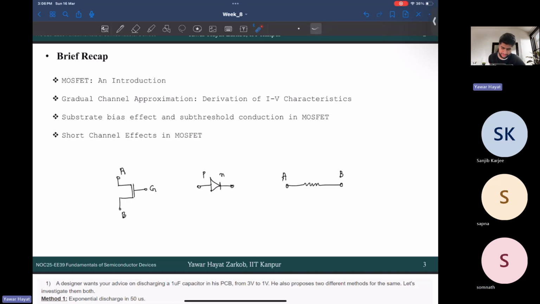See, we already said we'll talk in terms of these two terminals, right? Symmetrical. Now, if this is symmetrical, then how will I decide which terminal is drain? Suppose I gave you some polarity, right? Suppose this is some VA voltage, this is some VB voltage, and someone will ask you which terminal is drain and which terminal is source. How would you answer it?